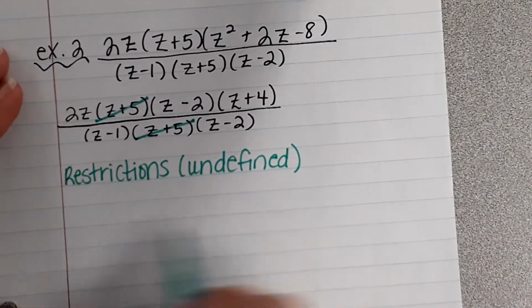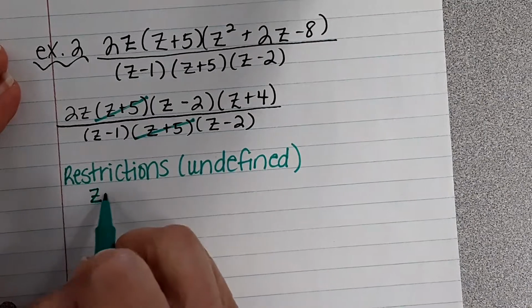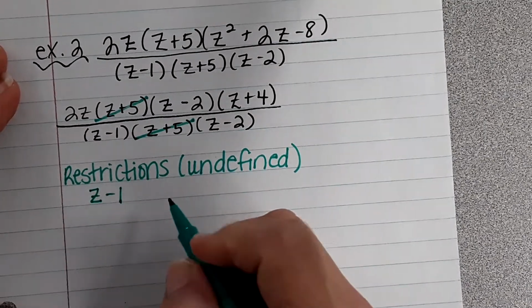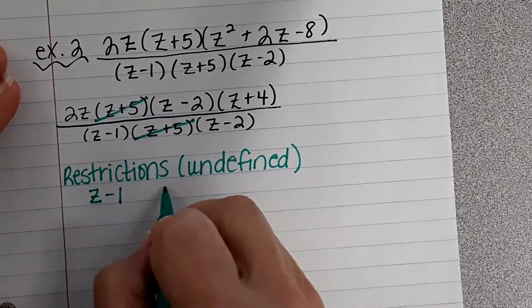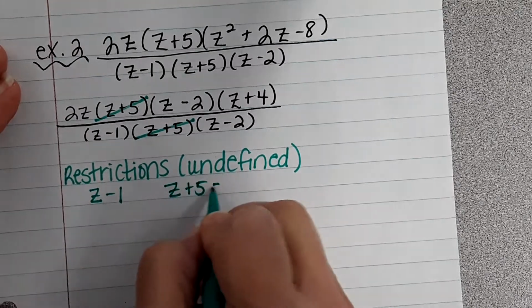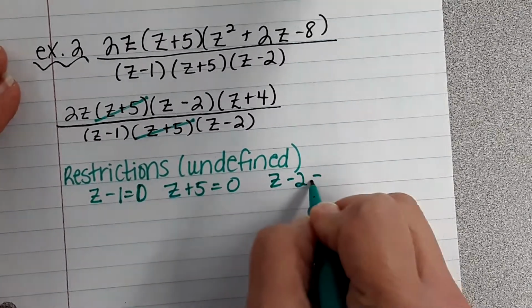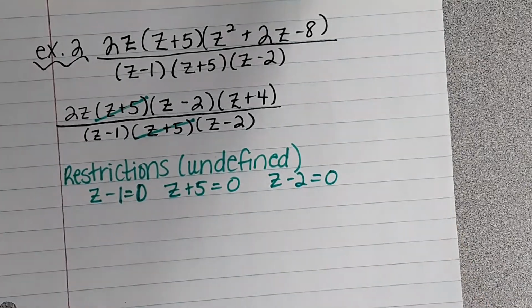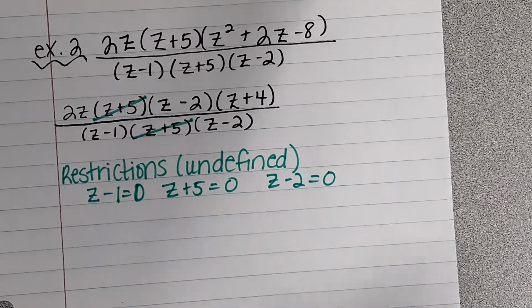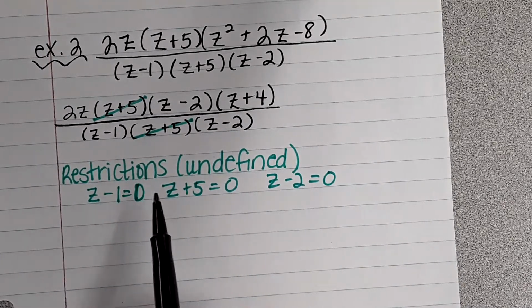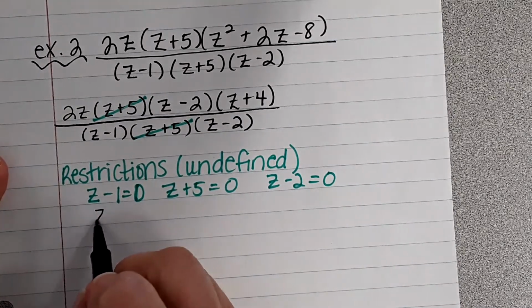Okay, so z minus 1, oh man, I started a conversation and then I didn't finish it. Z plus 5 equals 0. And z minus 2 equals 0. Before you start crossing out, you guys, like I did because I got really excited, you need to set your restrictions. So z minus 1 equals 0, so what does z equal?